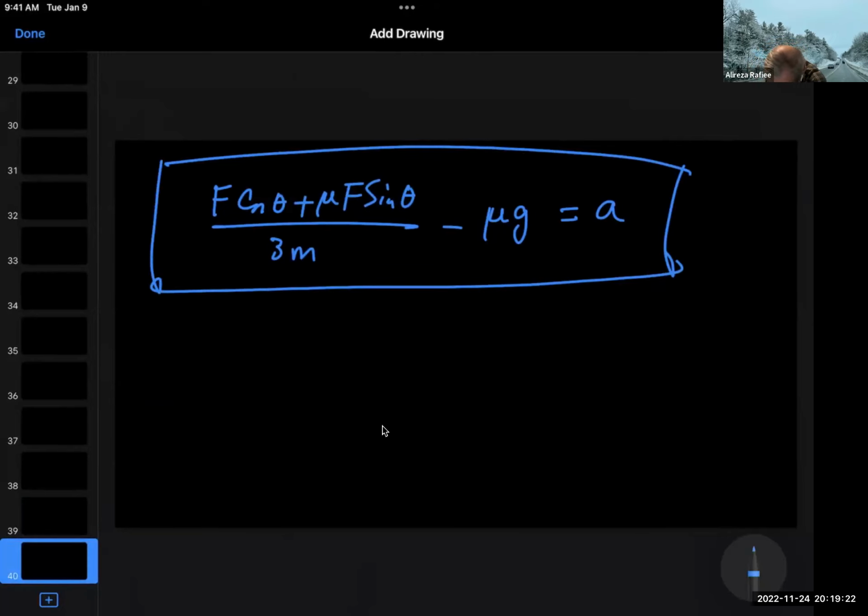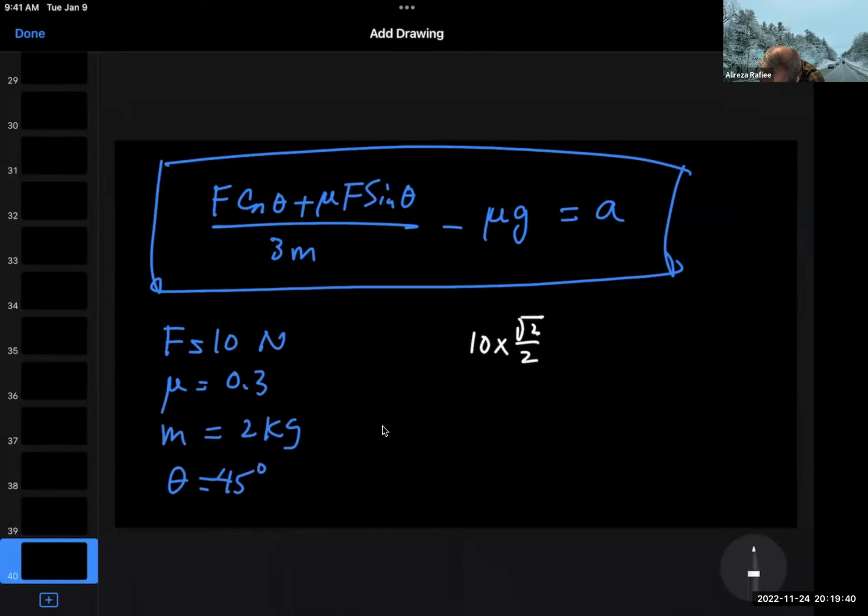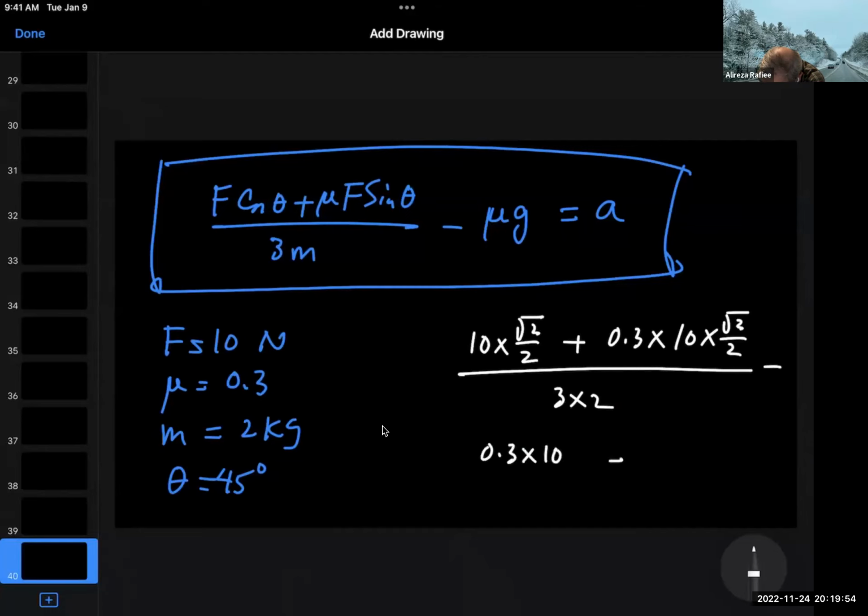Now, if I have the numbers, I said F is 10 newtons, mu is 0.3, m is 2 kilograms, and theta is 45 degrees. So you can now replace it here, and you will get 10 times root 2 by 2 plus 0.3 times 10 times root 2 by 2, divided by 3 times 2, minus 0.3 times 10 equal to.